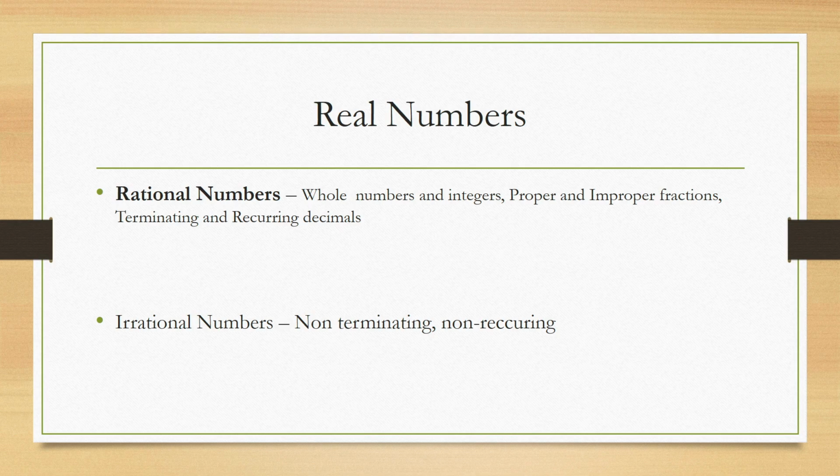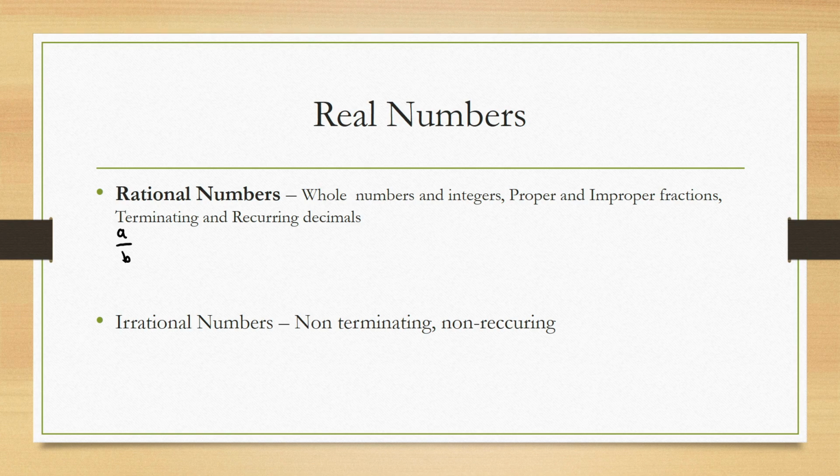A rational number can be expressed in the form of A over B, where A and B basically represent your unknowns, or your variables.